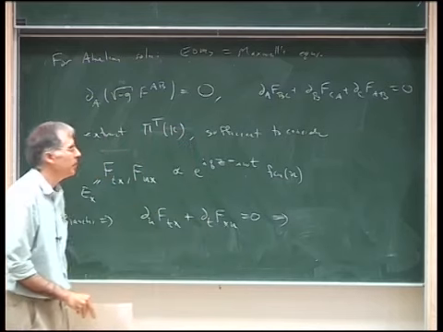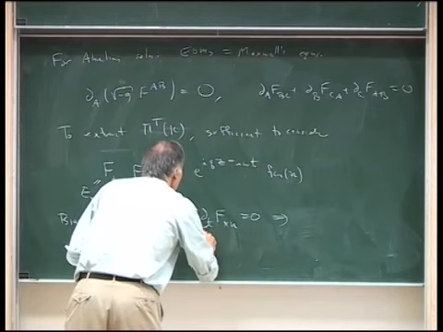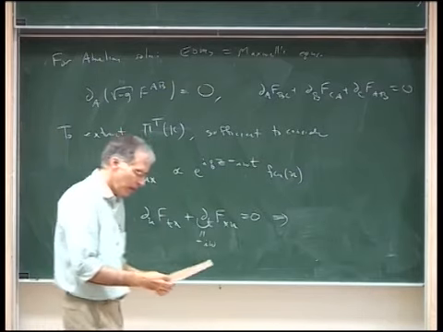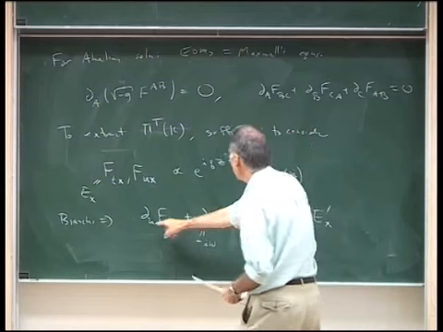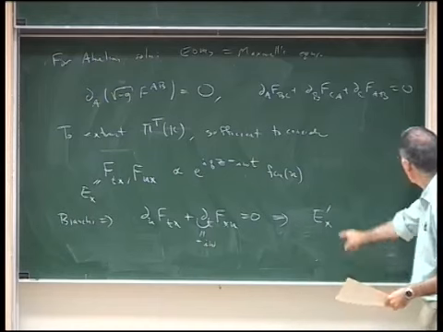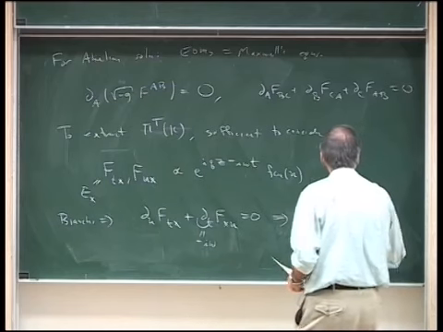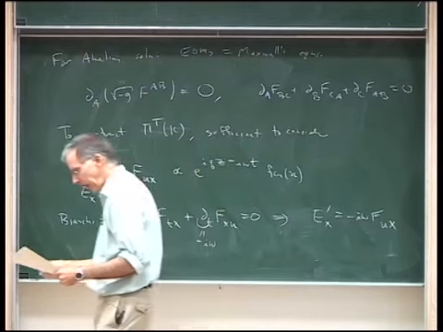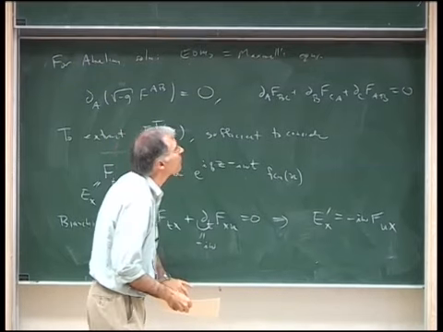And I'm assuming that I have harmonic dependence in time. So a factor here is simply the same as minus i omega. So what this teaches me is that the u derivative of the x component of the electric field, and a prime is what I mean by u derivative, is the same thing as the ux component of the field strength up to a factor of frequency.